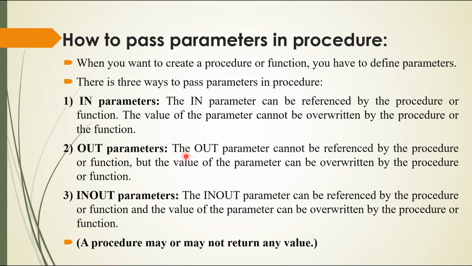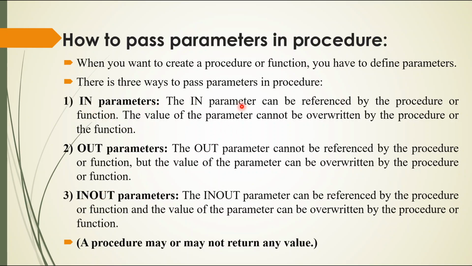Second is OUT parameters. The IN parameter can be referenced by the procedure or function, and the OUT parameter cannot be referenced by the procedure or function. That is the basic difference, but the value of the OUT parameter can be overwritten by the procedure or function.